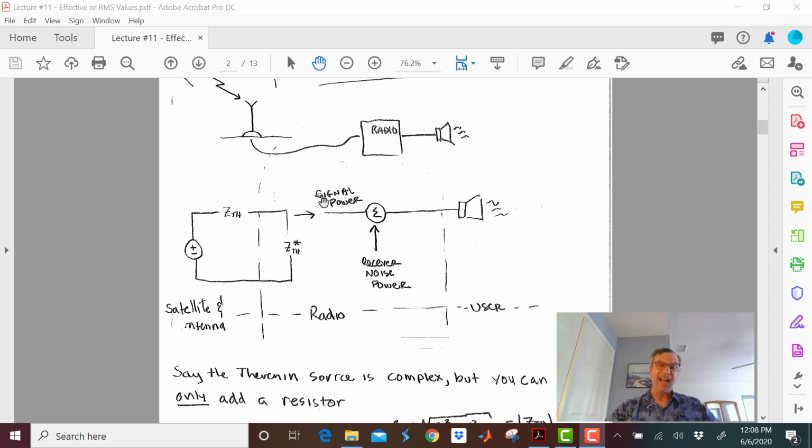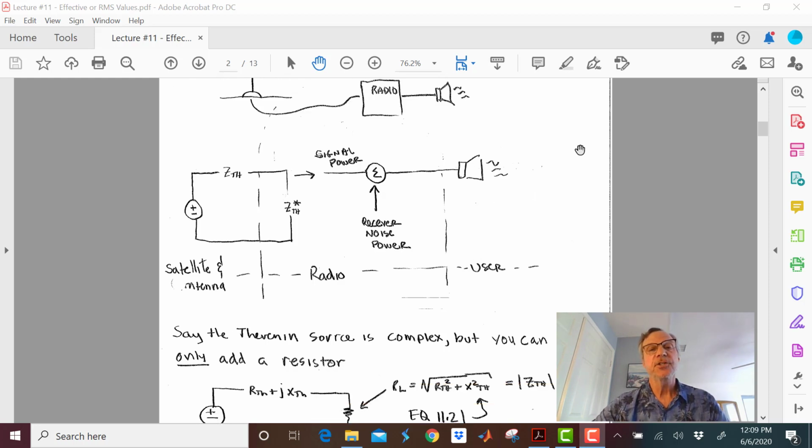If I want more power, I got to make a bigger antenna. That's going to be more wind loading. It means when the wind blows, it's going to rip the eaves off your house. So you don't want that. You want the smallest antenna you can. And so we've got the maximum power we can, and we want it to be greater than that received noise power by some amount so we can get some useful signal, not just gibberish out of here.